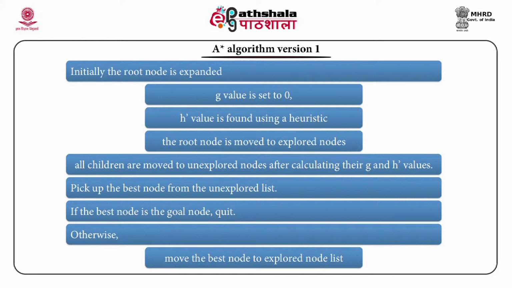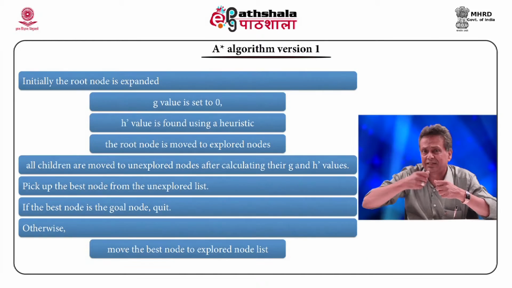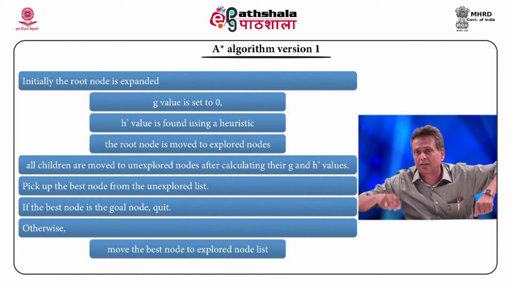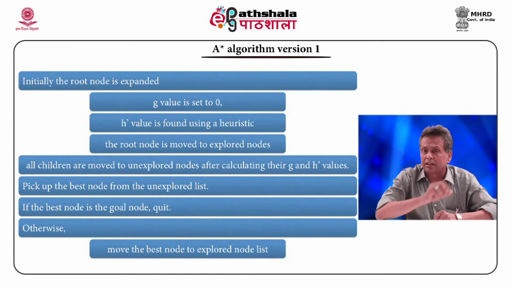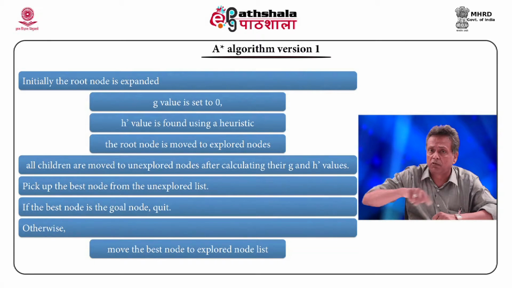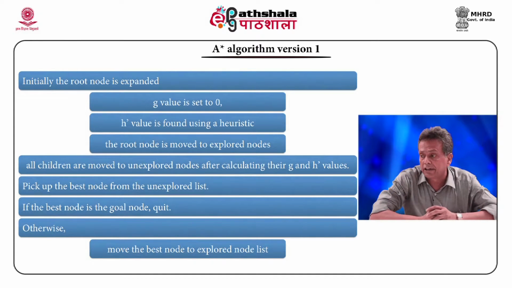Now, the root node is moved to the explored list, and G plus S dash is applied to all children, and you pick up the best child out of it. The chosen child will move to explored, and the children of that will be added to the unexplored list, and if a node is already explored, it is not generated again.